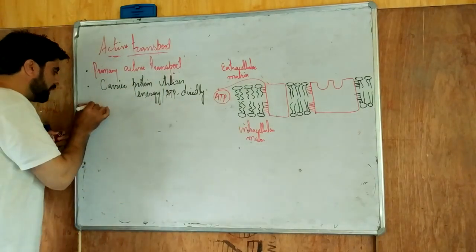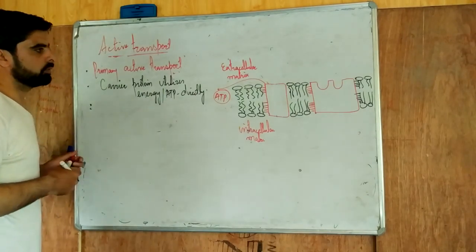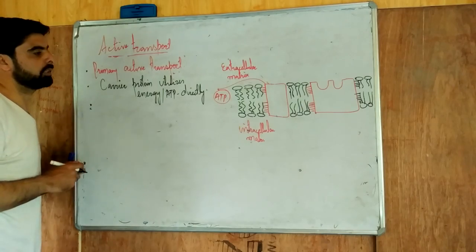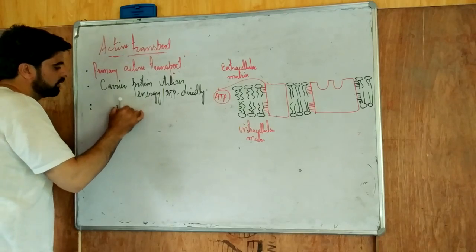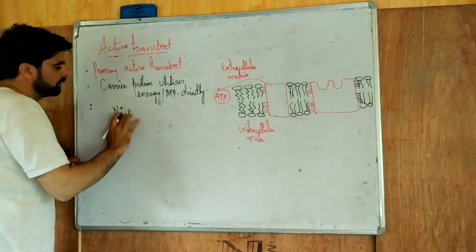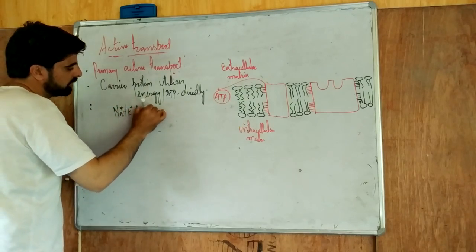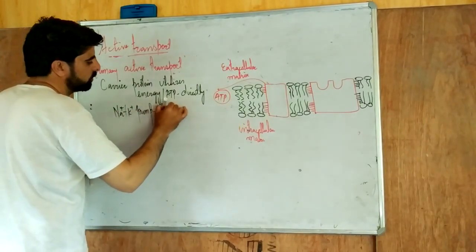Second thing, the most common carrier protein, or the most common pump, which is mostly seen in case of animal cells, is the sodium potassium pump. The sodium potassium pump is the most common example of primary active transport.